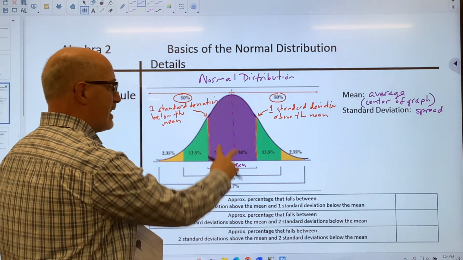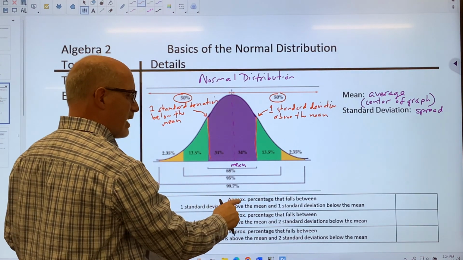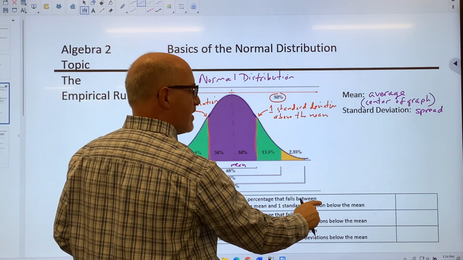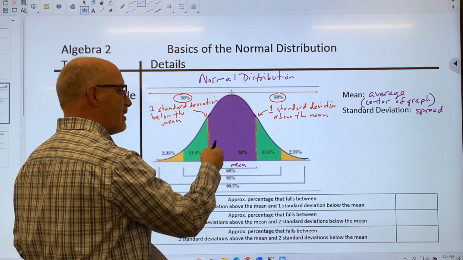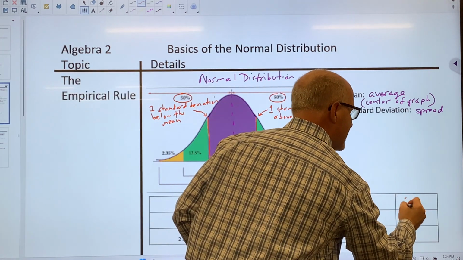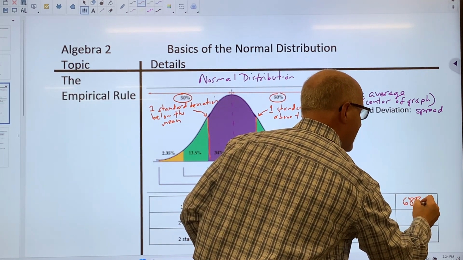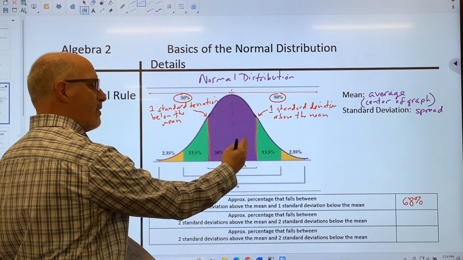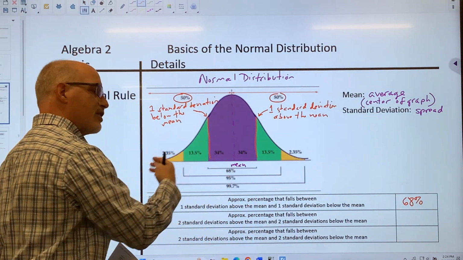Now, if we go approximately one standard deviation above the mean and one standard deviation below the mean, taking this 34% and 34%, we have approximately 68% of the data falling between one standard deviation above and one standard deviation below.